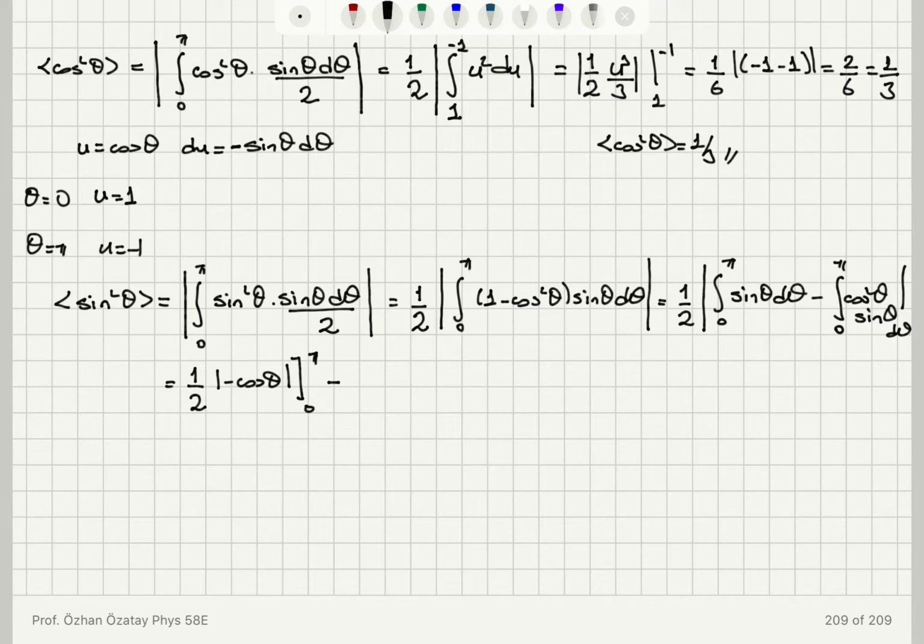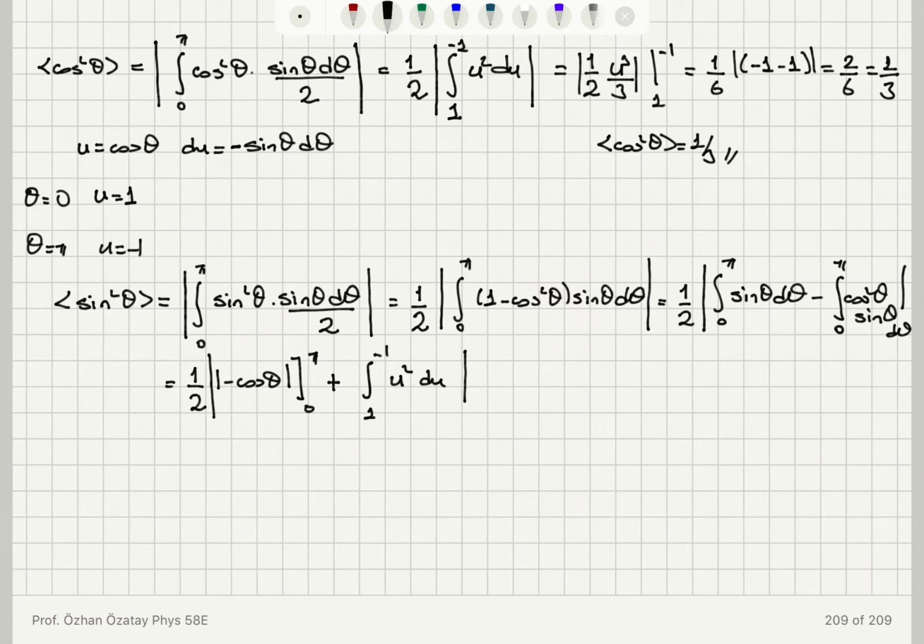When cosine theta is 0, u is 1. So this is an integral from 1 to minus 1 of u squared du. We called cosine theta u, so we had a minus sign here, so this becomes a plus, and the absolute value of this quantity.